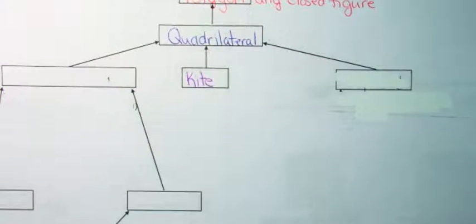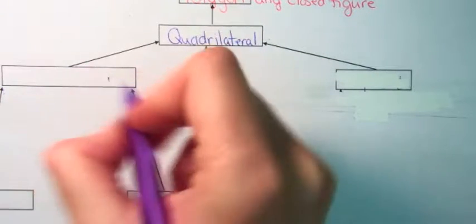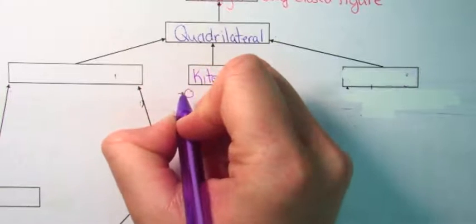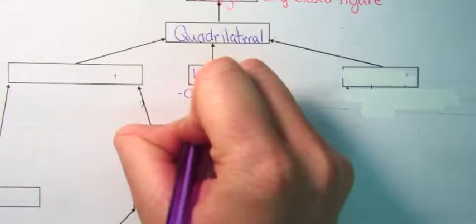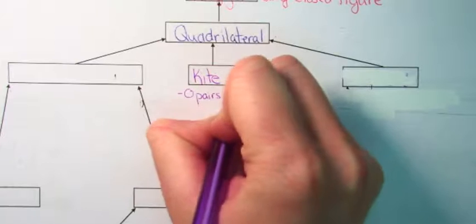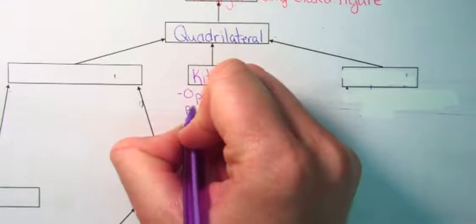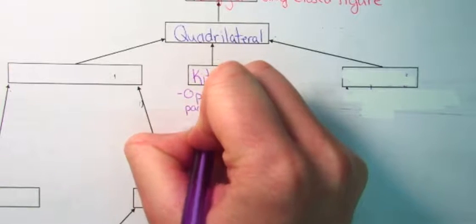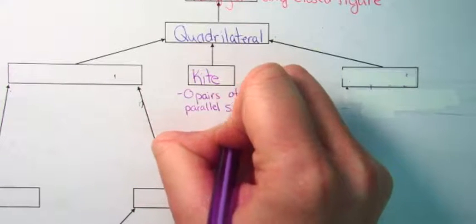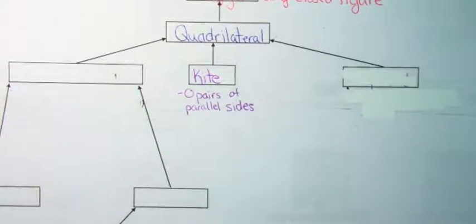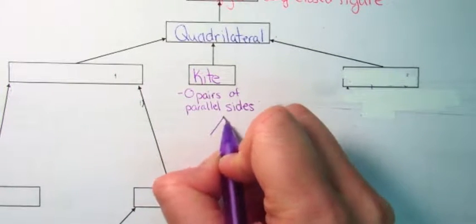So a kite, remember, has 0 pairs of parallel sides. So I'm literally going to write that underneath here. 0 pairs of parallel sides. But it does have what we call adjacent congruence. So I'm going to draw a picture of this here.